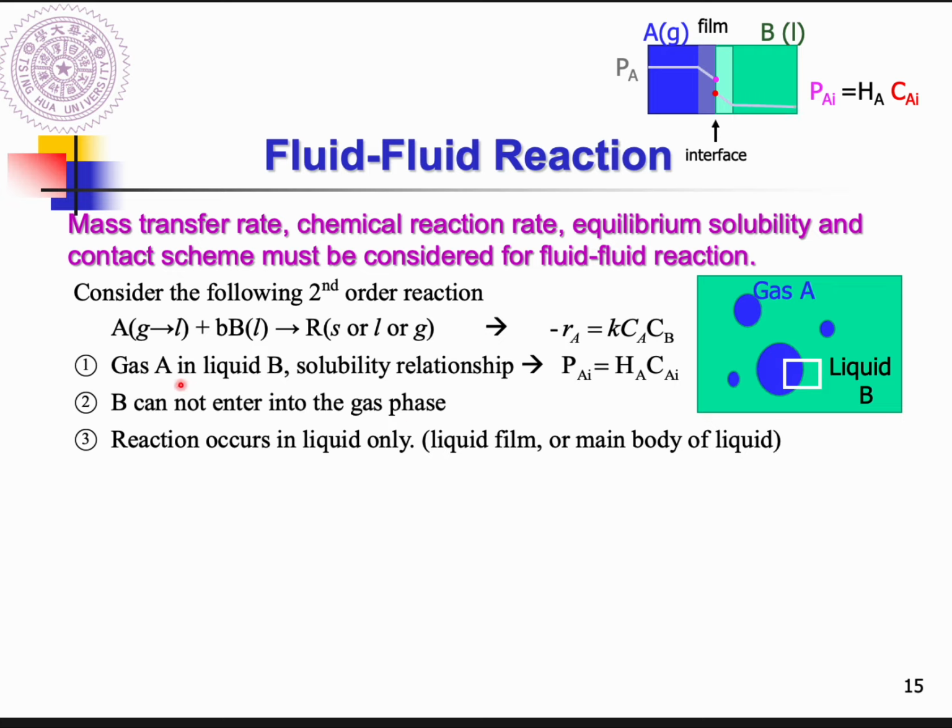Here you need to pay attention to another assumption: liquid B cannot enter the gas phase. The gas phase is this region, so molecule B is not going to enter the gas phase. That tells you a very important piece of information: these heterogeneous chemical reactions always happen in the liquid phase.